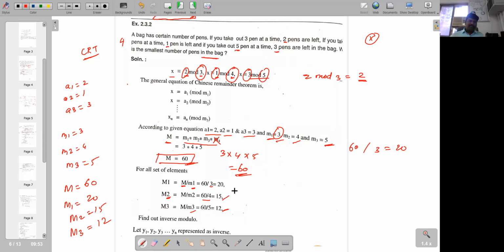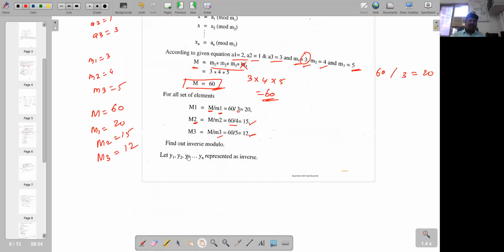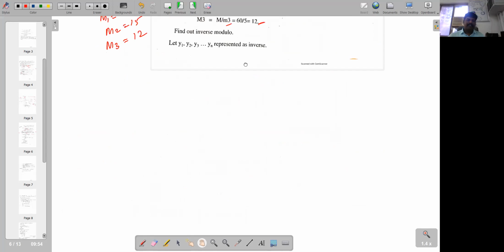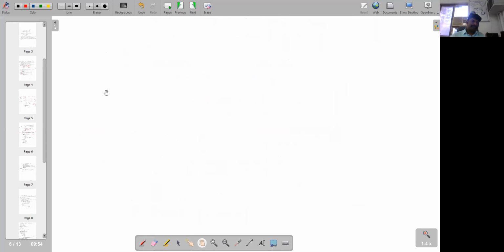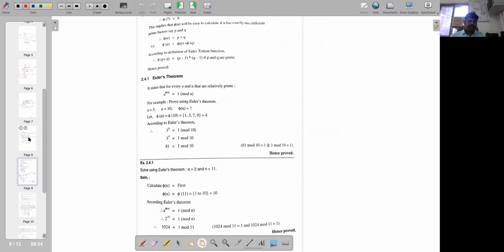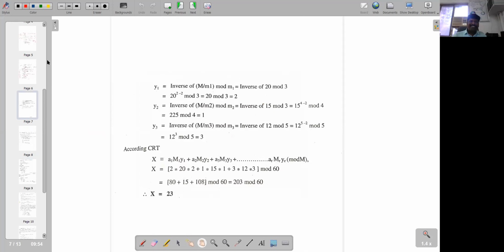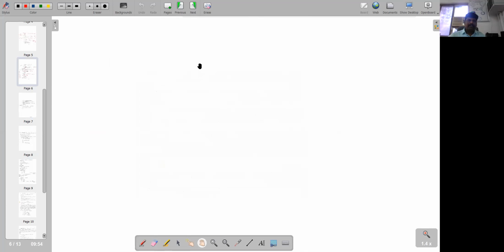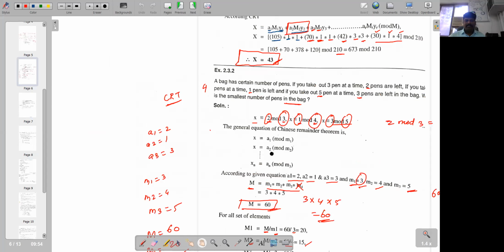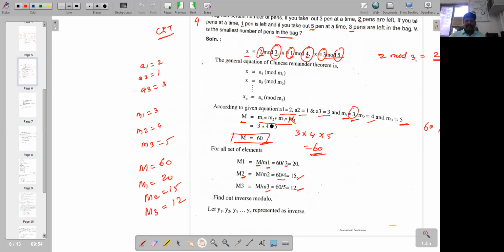Based on these values, we are going to proceed further, finding the inverse modulo operations. Give me a second, I'll just note down the values. 20, 15, 12, right?